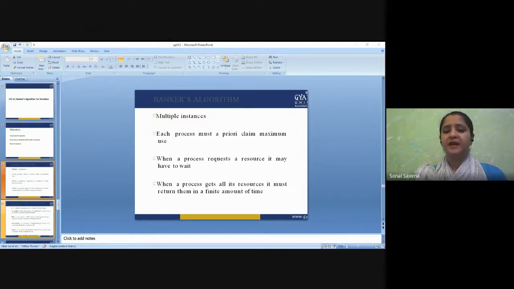So it requires a maximum of 5, but currently holds only 3. How much is it requiring next? Only the remaining part: 5 minus 3, so 2 more resource instances. So this is the second thing, how much is already allocated to a process. The third thing is how much of each resource the system currently has available.